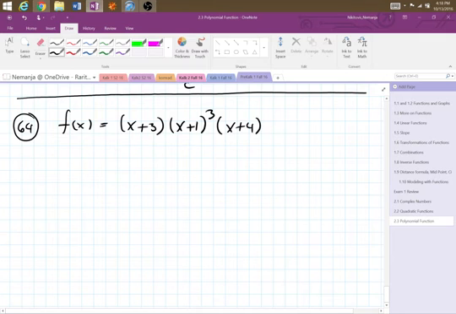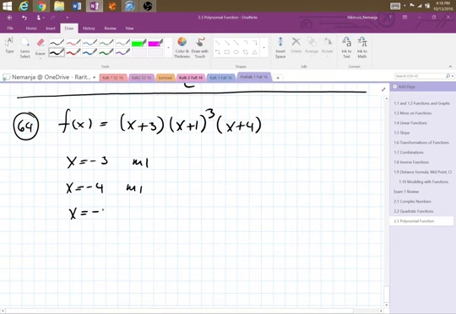How many are repeated? 3. Right, 1 root has multiplicity of 3. Good. So I have x equals -3, multiplicity 1, which means it's just going to be passed through. I also have x equals -4, which is also multiplicity 1. But then I have x equals -1, and that one is multiplicity 3.